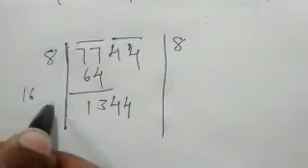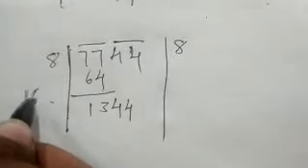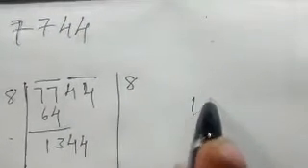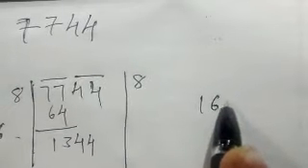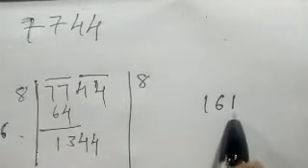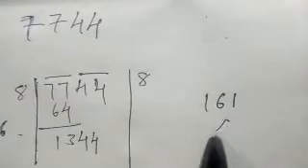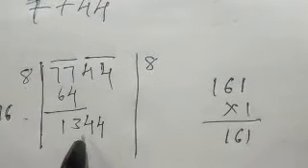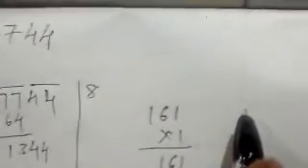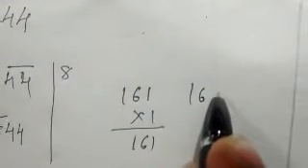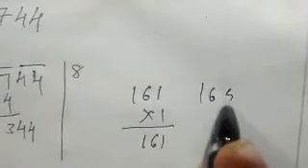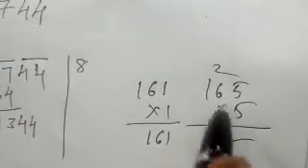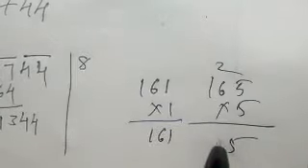Okay, so we have to take 16, and beside 16, say for example, if you take 1, we have to find out with the 1. So 161 into 1 is 161. There is a huge difference. Still I will go with 165 into 5. If I go, 5 5 is 25.